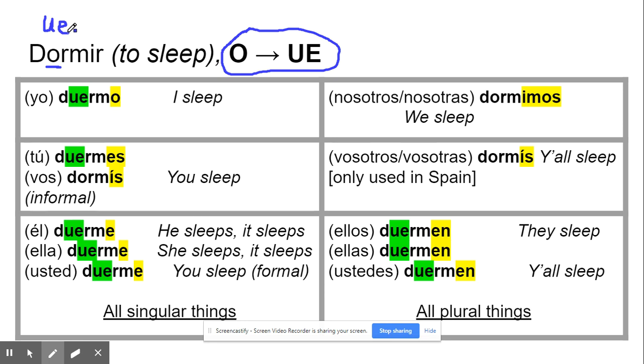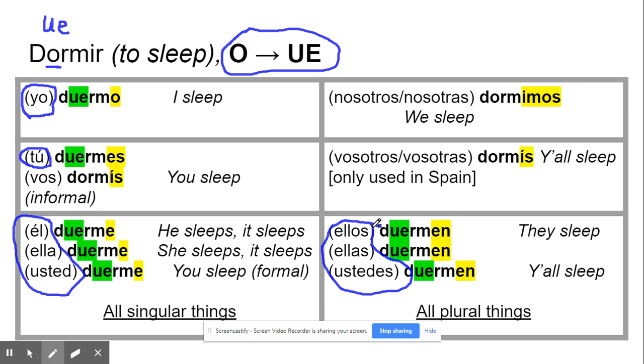But we know that it only happens in yo form, tú form, él, ella, usted form, and ellos, ellas, ustedes form. But we do not have a stem change in nosotros, nosotras, vosotros, vosotras, or vos forms.